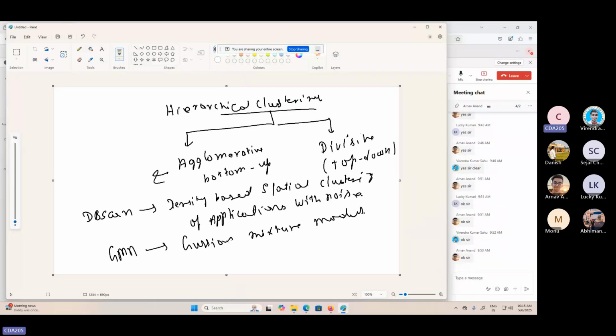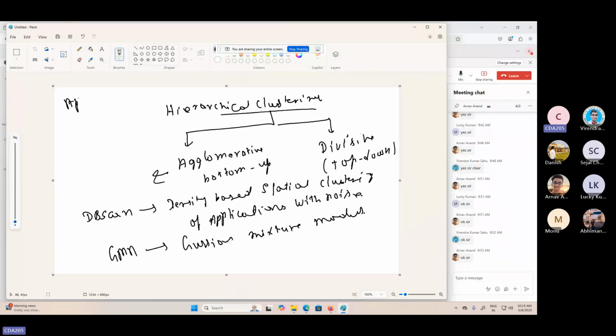Okay, so where will clustering algorithms be used? What are the real world examples?